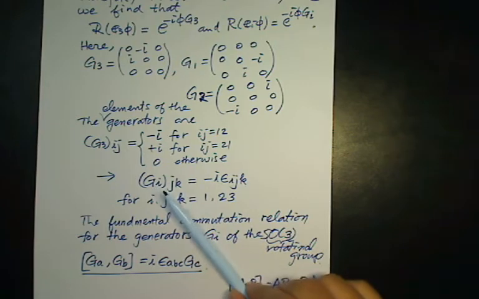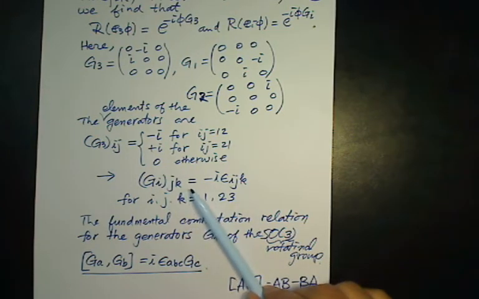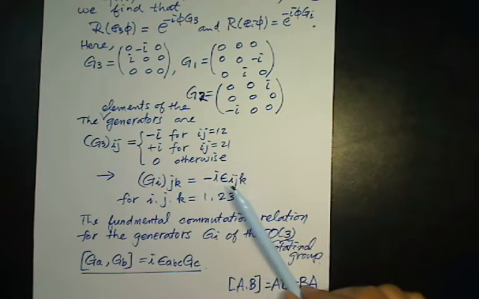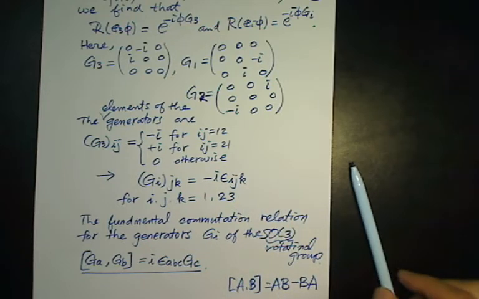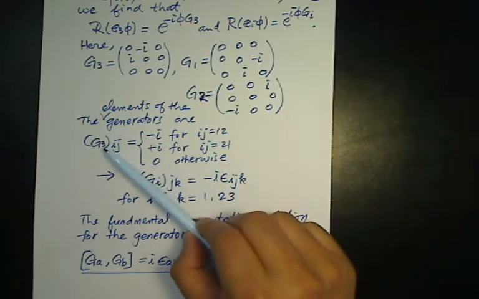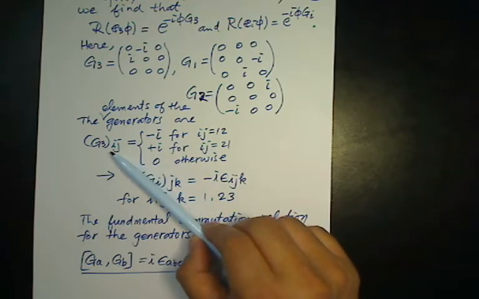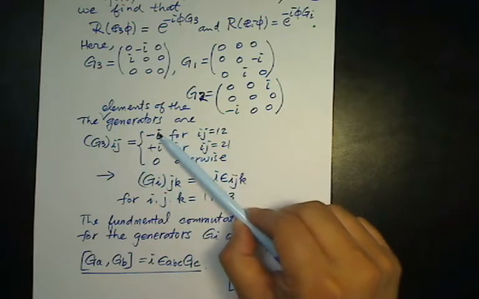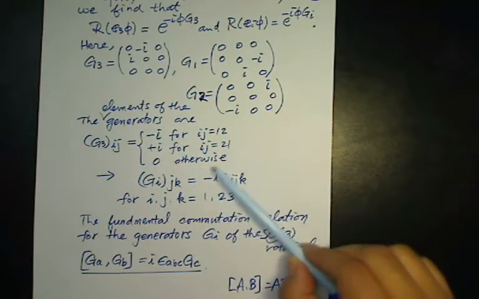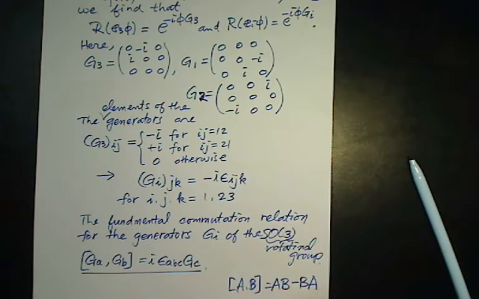So Gijk equals minus i epsilon ijk. Okay? Epsilon 3, 1, 2 should be plus 1. So I have minus i times the vector. So minus i epsilon ijk will be the jk element of the generator for the rotation.